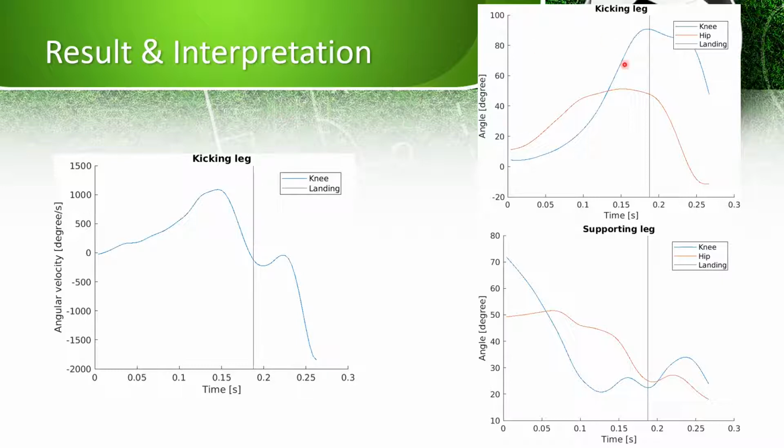As you can see in the plot on the right side, I separated the data into the kicking leg and the supporting leg, and as I mentioned in the previous slide, the red line here is the hip angle and the blue line is the knee angle, and this vertical line here is the time point of landing. And you can already see the x-axis is time in seconds and the y-axis is angle in degrees.